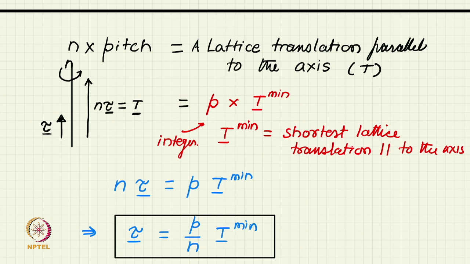So, any screw operation will be characterized by a lattice translation which gives the direction of a screw, and also by this fraction, p by n, which finally gives what fraction of the minimum translation the pitch is.